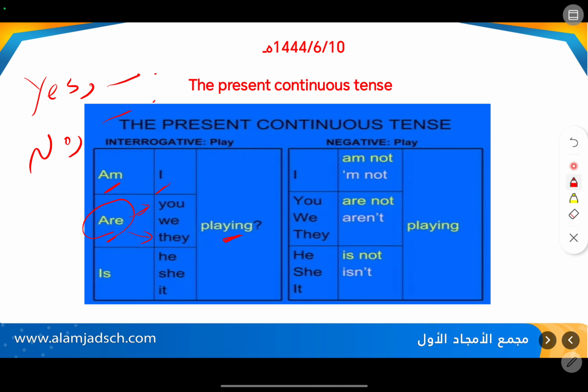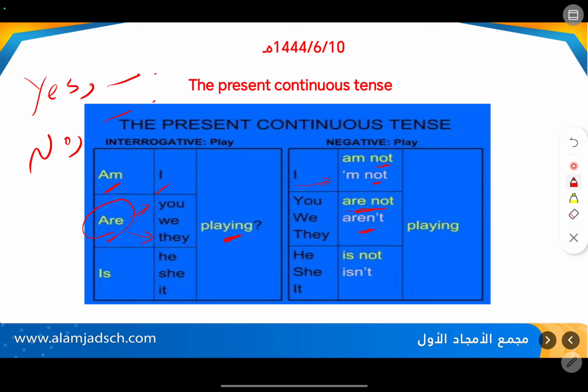These are the questions. What about the negative form? In the negative form, you have to add not every time after the auxiliary verb. So instead of saying I am, you have to say I am not. For you are, we are, they are, you have to say are not or aren't.